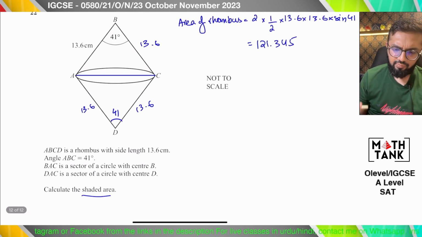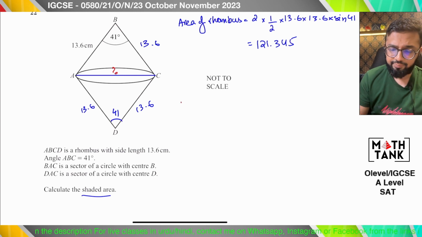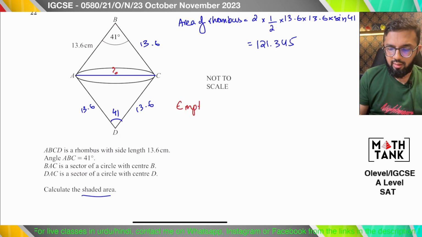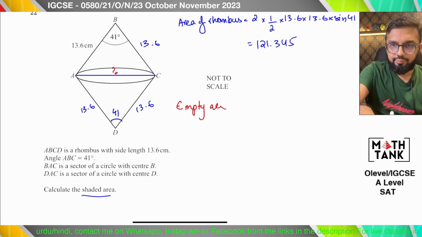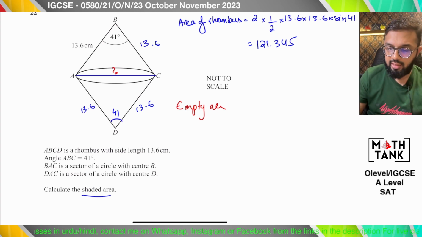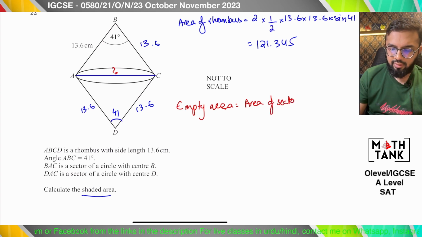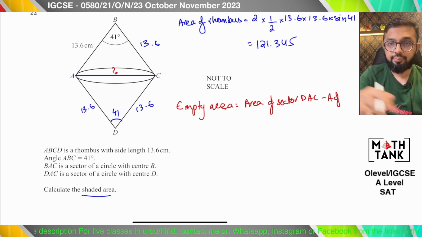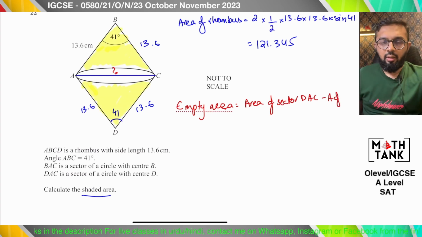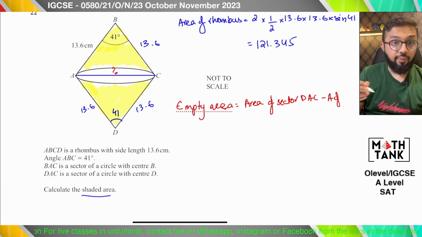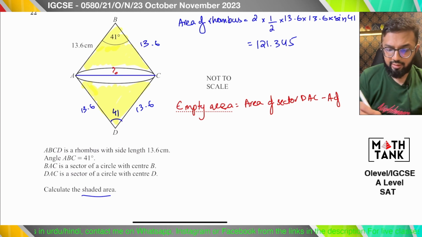Then I need to subtract these two empty areas. So what's the empty area? In case you weren't able to see the shaded area before, I shaded it now. I'm going to say that it's half of the empty area that I'm calculating.